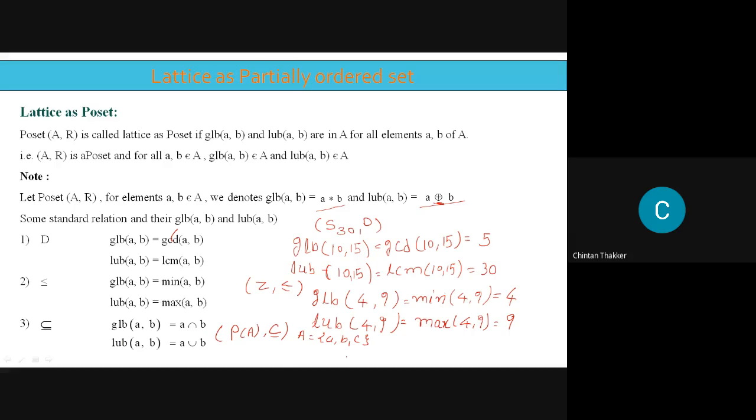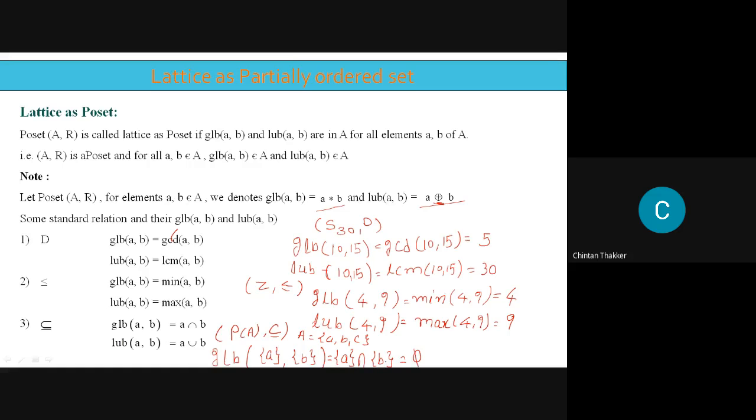Then here, GLB of singleton A, singleton B is singleton A intersection singleton B. So the intersection is phi.